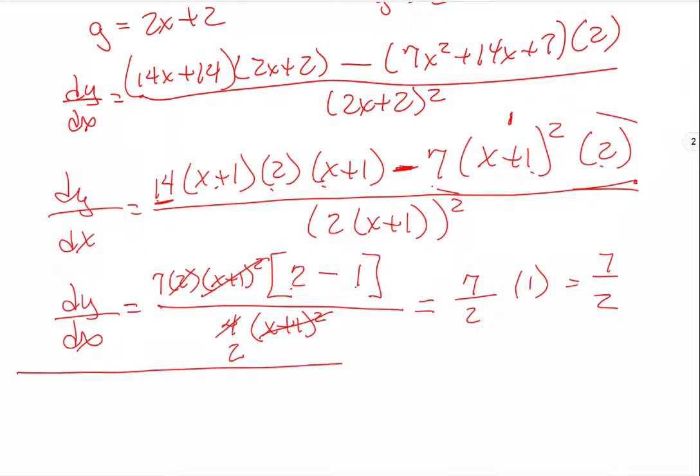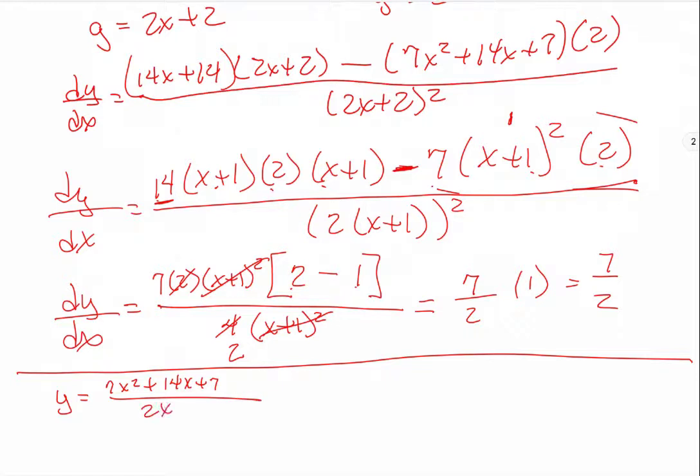All right, so there's that one. So that's one method using the product rule. I also want you to note that if I had my original, y equals 7x squared plus 14x plus 7 over 2x plus 2, that equals 7 times x squared plus 2x plus 1 over 2 times x plus 1.